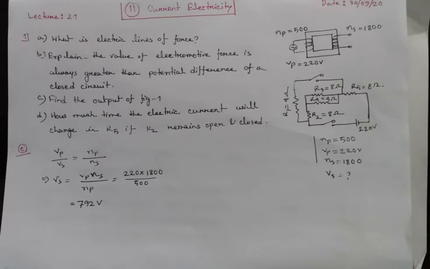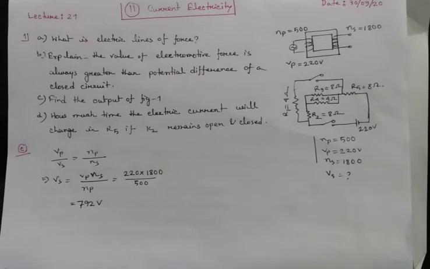So this is a very easy one. The answer to question C, the output of the secondary winding, that is the secondary voltage, is 792 volt.